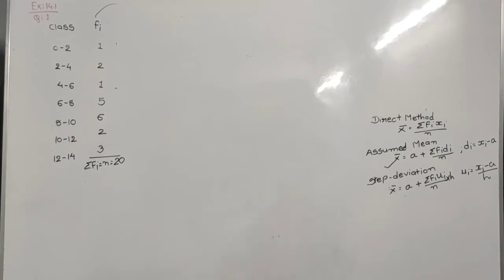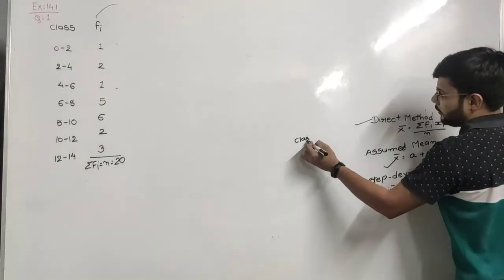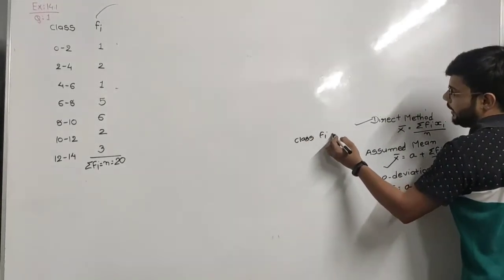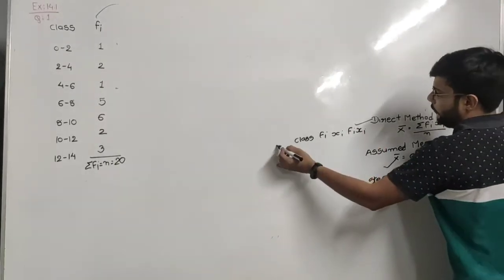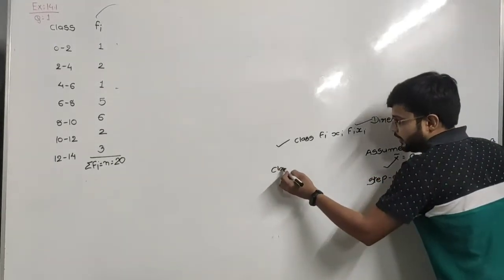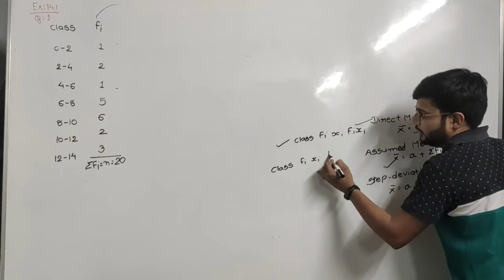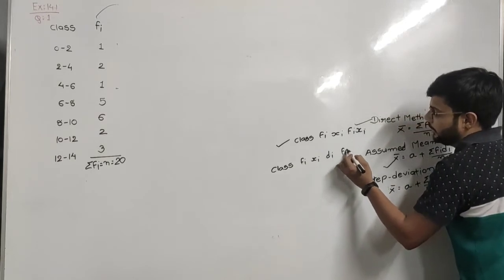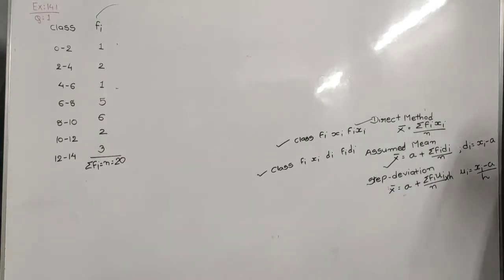Now for the direct method, in the table we have to find the columns class, fi xi and fi xi. So in this we have 4 columns, right? In assumed mean we have to find class, fi xi, di and fi di, so we have 5 columns, right?